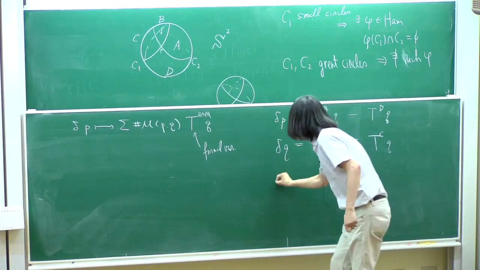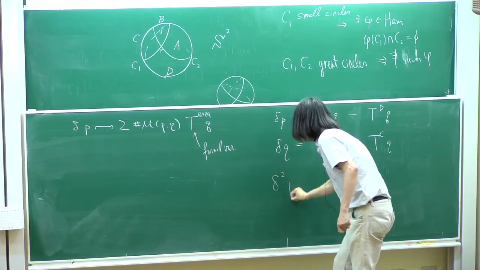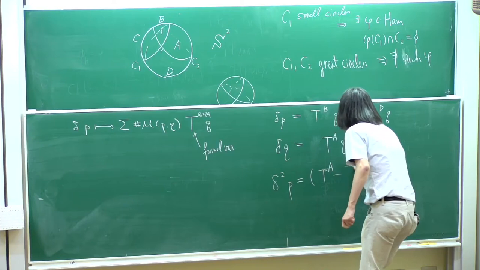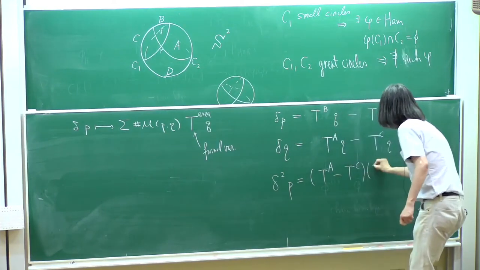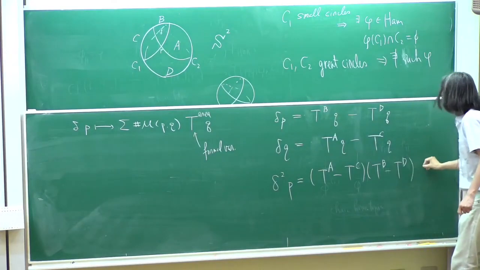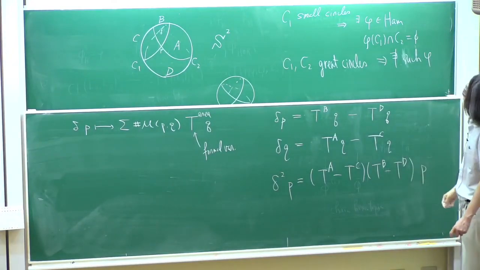And so therefore, if you take delta square of P, then this is T^A minus T^C and T^B minus T^D of P. I think so.